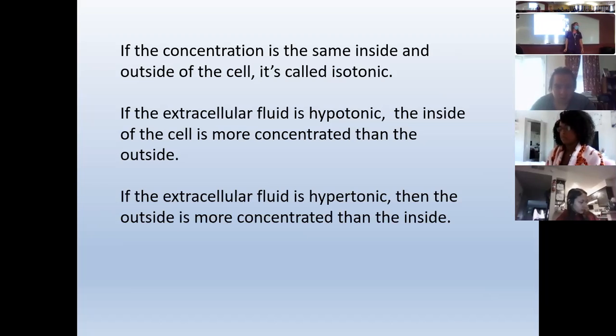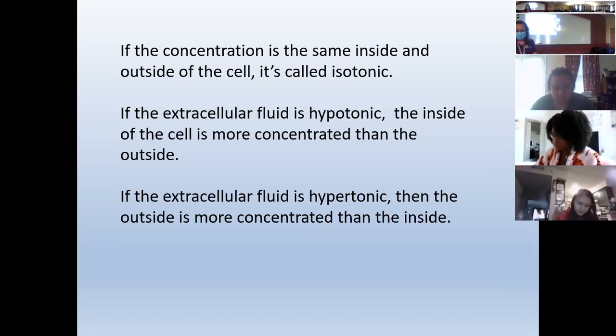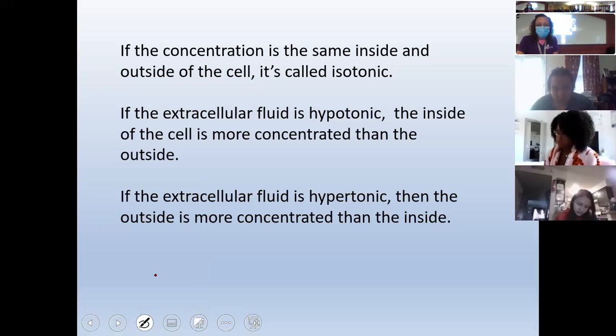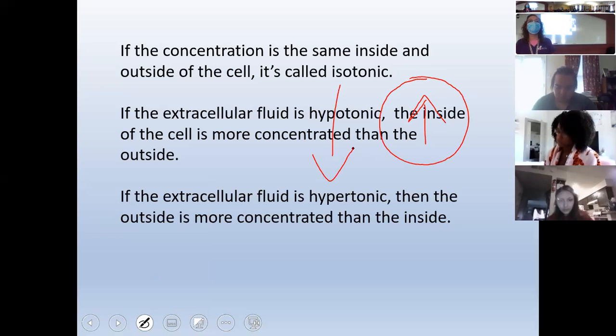What does hypo mean? It's small or beneath. So what I have here, get my draw on. So here, hypotonic, that means the inside has got higher concentration than the outside.